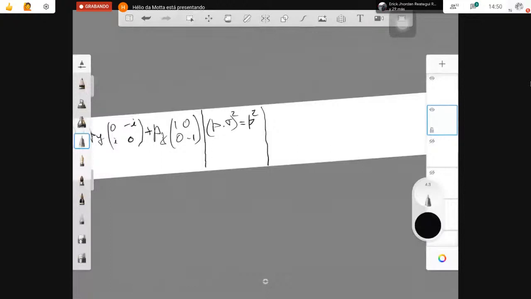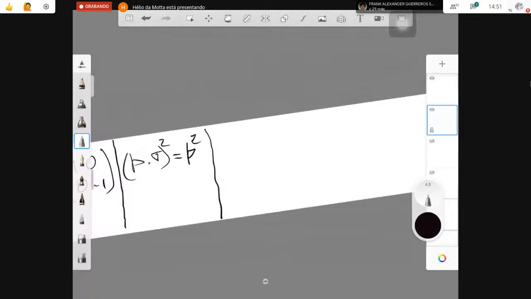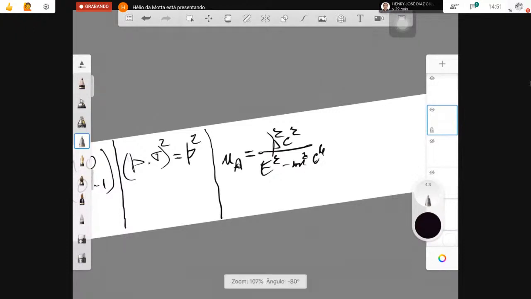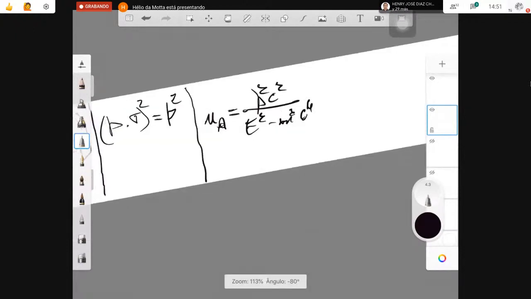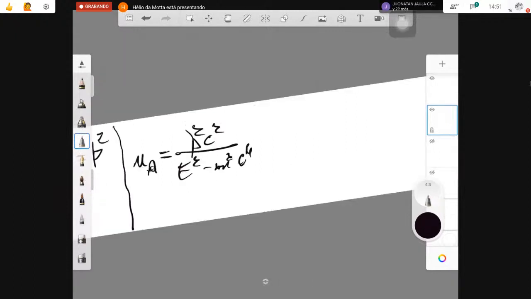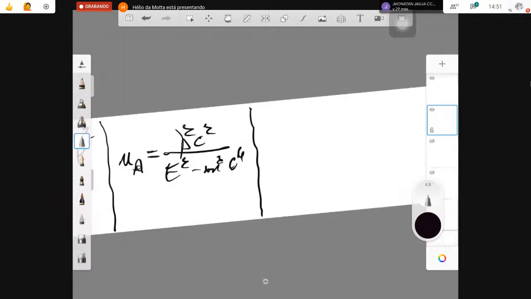Okay, we have u_A times (p squared c squared) equal to (E squared minus m squared c to the fourth). I'm sorry, but my Apple Pencil is not working.